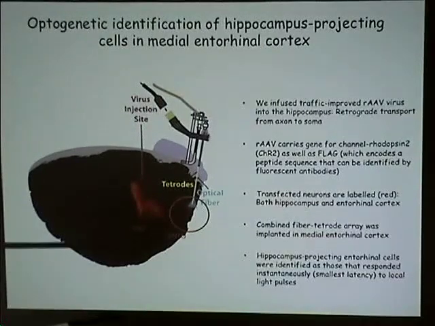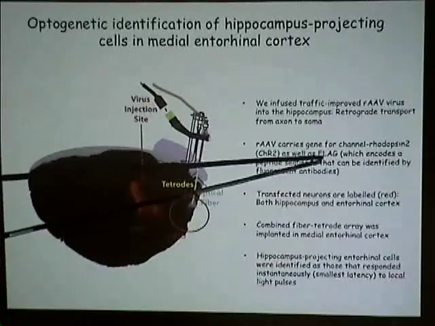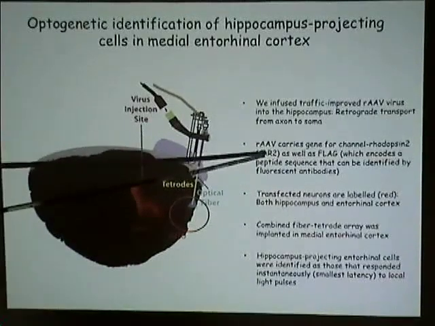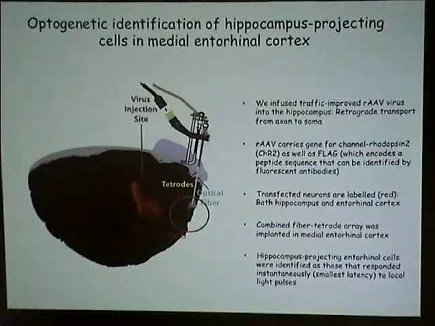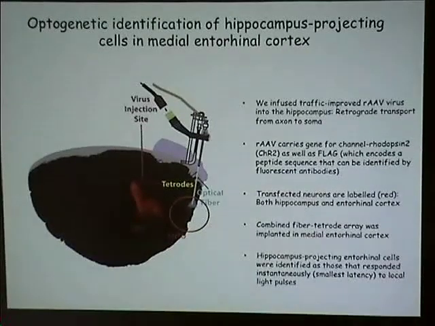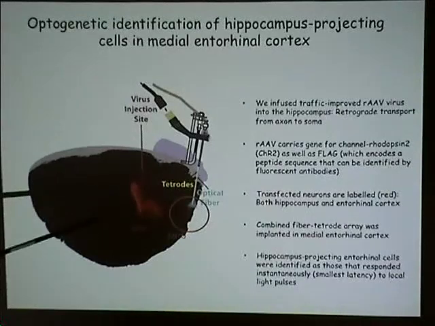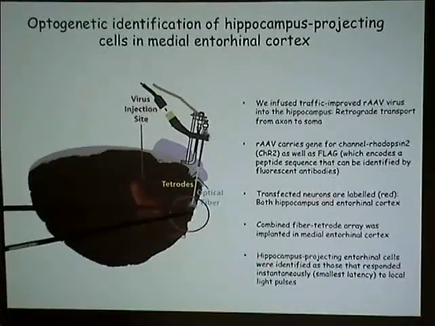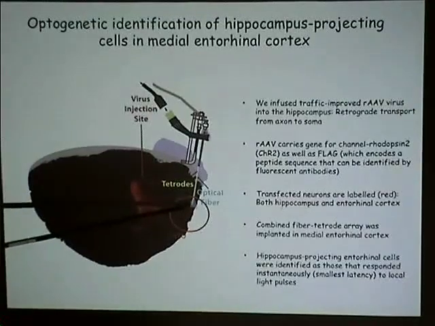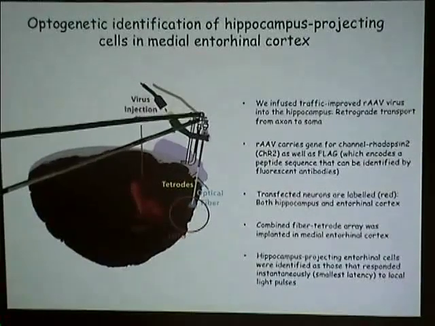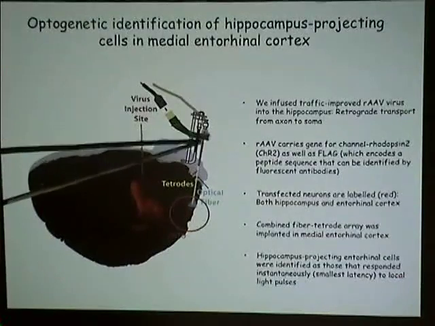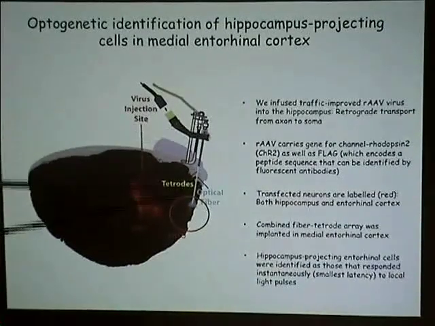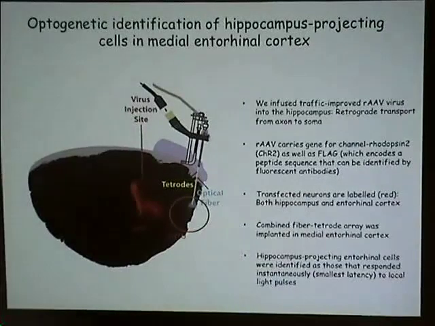So, but now the point. What's interesting is not only to see those cells, but the virus also carries the gene for channelrhodopsin-2, which makes it possible to identify those cells by not only implanting tetrodes in the entorhinal cortex at the usual place, but also implanting an optic fiber just above the tetrodes, and through this optic fiber we can then deliver light pulses.